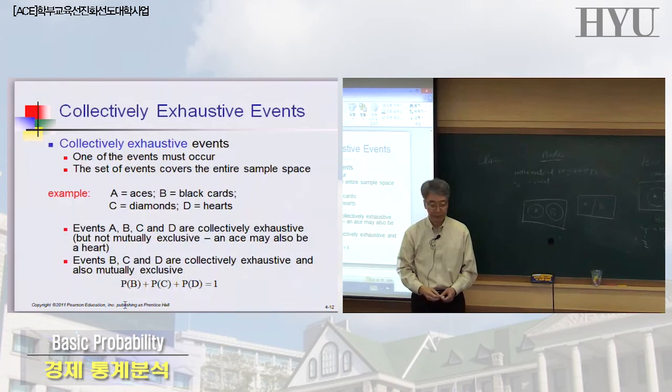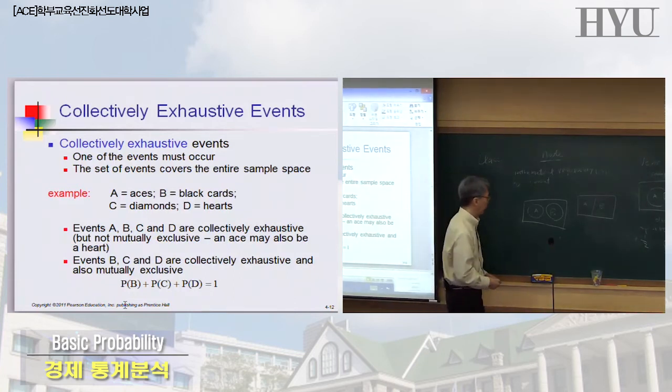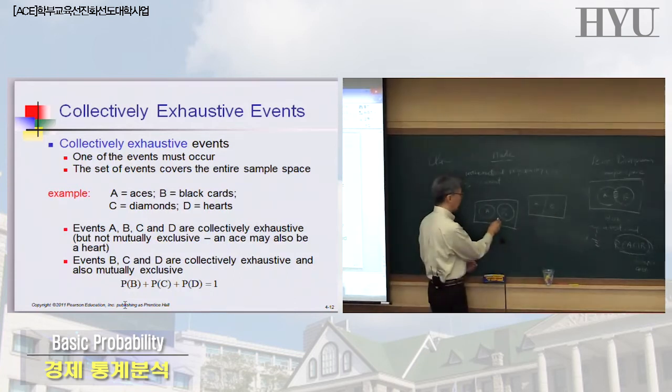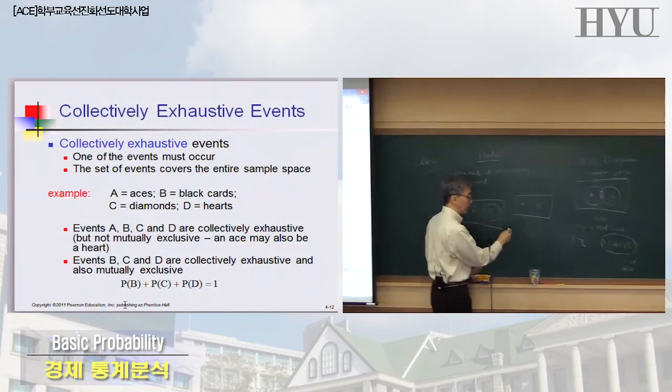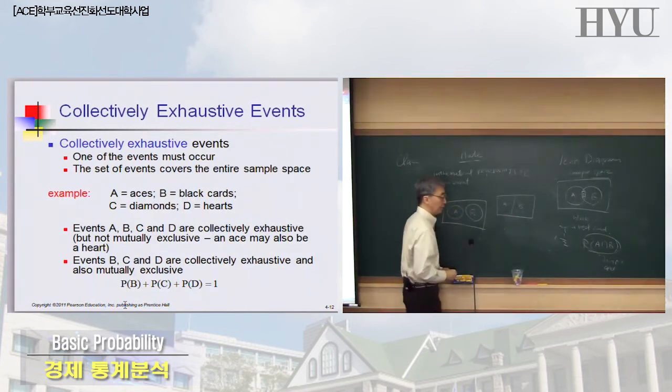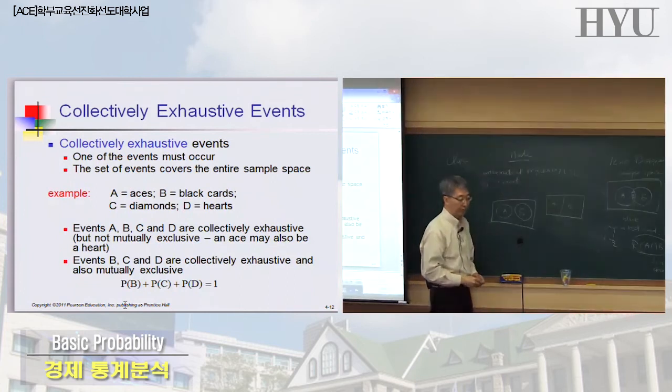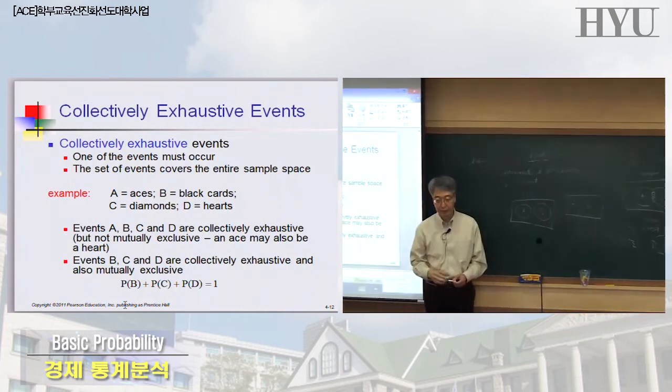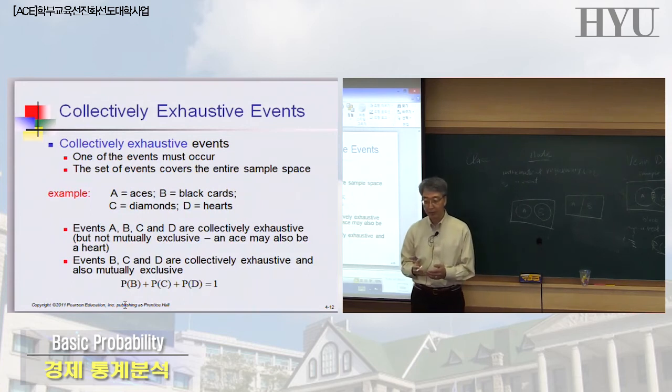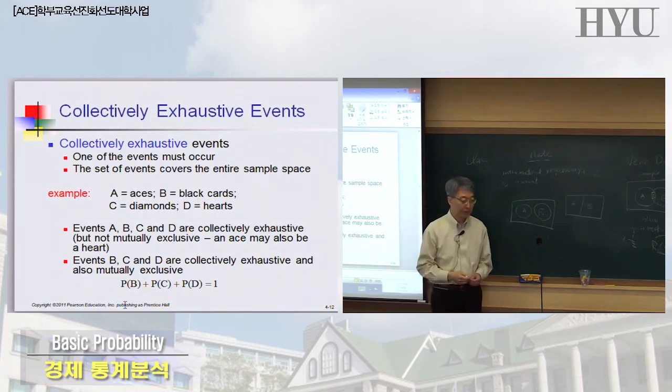Actually, in the example I used here, A is red card and B is black card. They are collectively exhaustive and mutually exclusive. If it's a red card, you cannot have a black card at the same time, and it's either red or black. There is no other possibility.